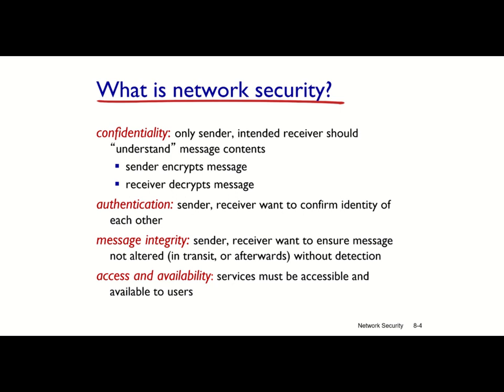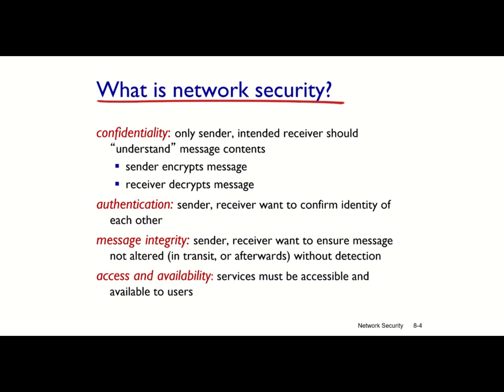And then by authentication, we mean that the sender and receiver want to confirm the identity of each other. For example, when you enter your password to sign into your Facebook account, the Facebook web server is making sure that you are confirming your identity and no one else can access your Facebook account.